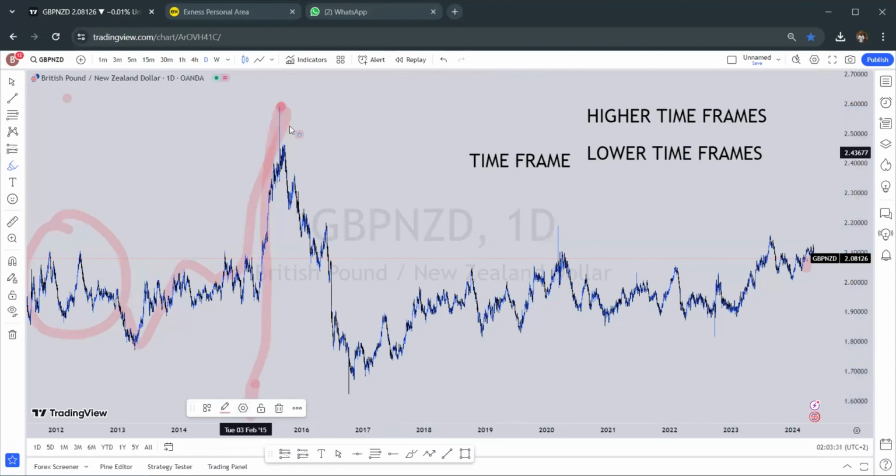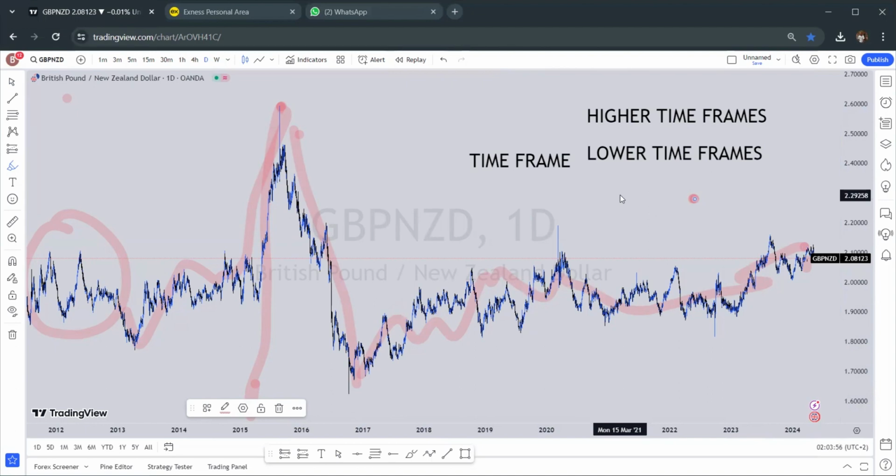At the time, the market still pushed down to this level. Now currently, this is 2024. You see where the market is. So with the help of time frame, we're able to see the clear picture, the full picture of GBP NZD for more than the last 6 years.